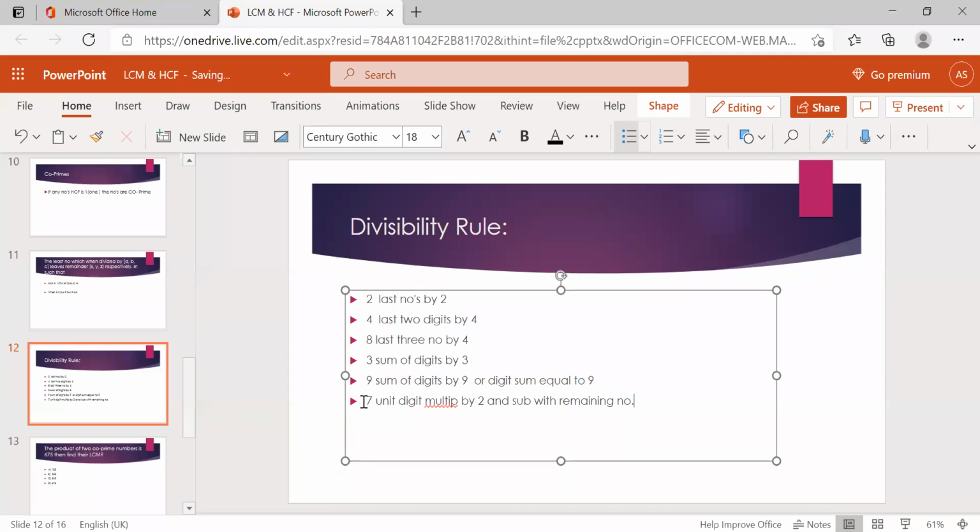Then if the result is divisible by 7, the number is divisible by 7. Then we'll take one example. Suppose 34 is the number. Take the unit digit and multiply it by 2.